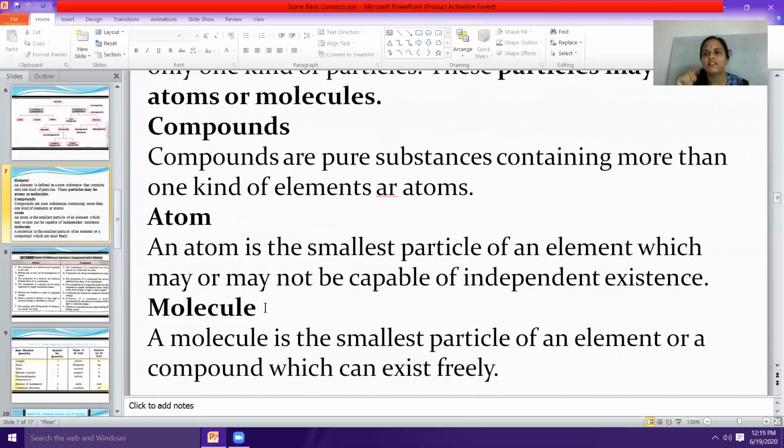They exist in Cl2 state, chlorine, oxygen, O2 state, bromine, Br2 state, hydrogen, H2 state. So they become molecules, the smallest particle of an element or a compound that can exist freely. They are called molecules. Ozone molecule.